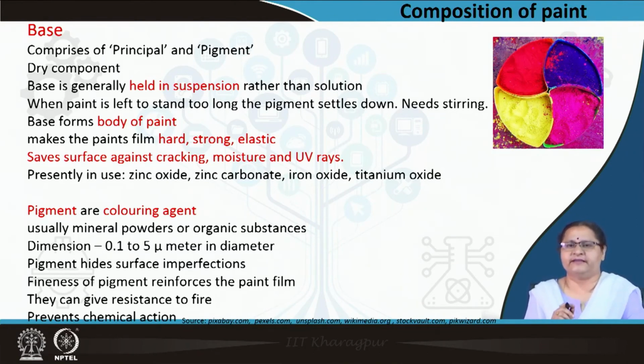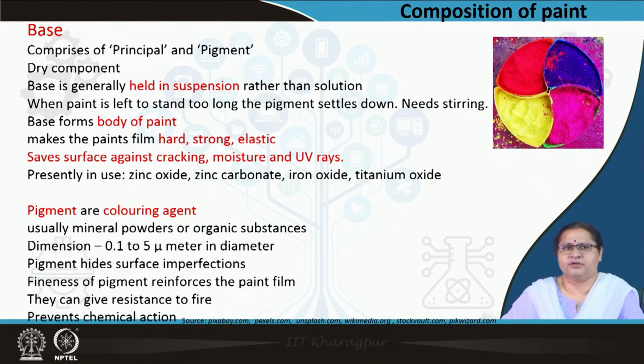But because of health hazards of this lead oxide, the use of lead in the base has been stopped. So we use zinc oxide, zinc carbonate, iron oxide, titanium oxide as bases, and yes, the cost has gone a little high. But if we could have continued with lead, we could have got cheaper paints, but at the cost of health hazards.